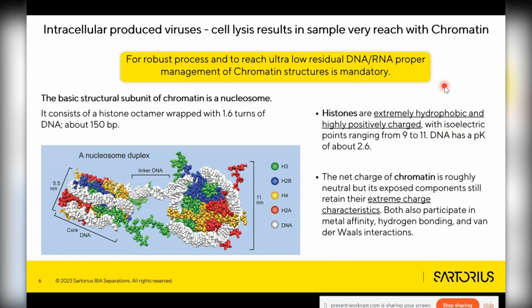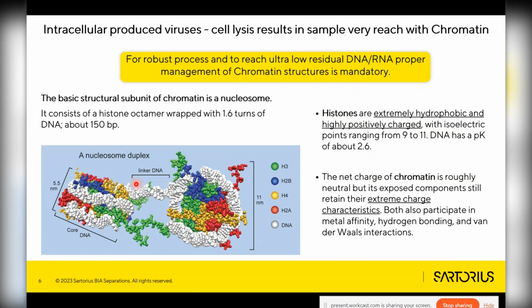Nucleosome is formed by positively charged histones coming from the cell wall and negatively charged DNA. As soon as they meet in the liquid, they form a complex nucleosome, and this would grow. The more time you do this cell lysis, the more time you have DNA and histones together. If you concentrate them, it would be even worse.